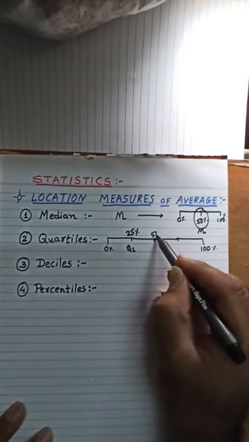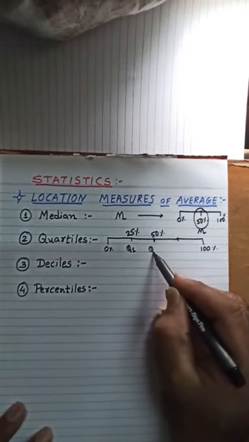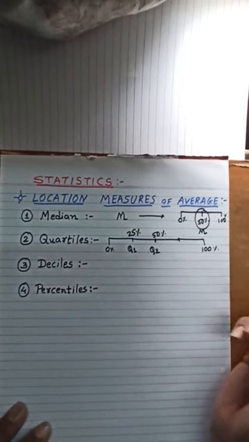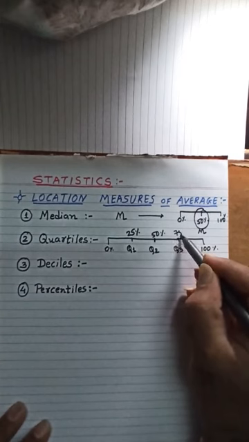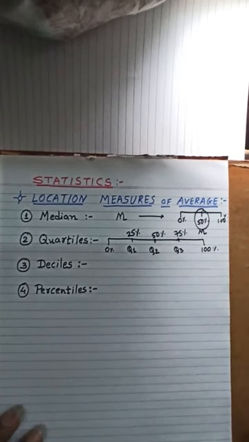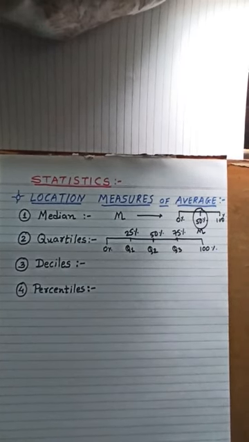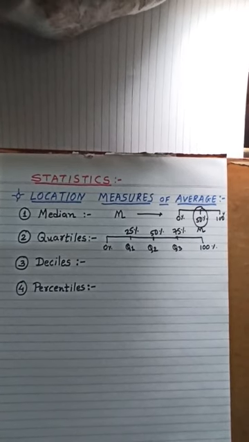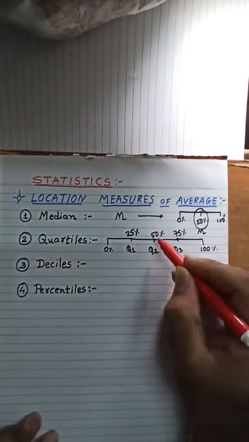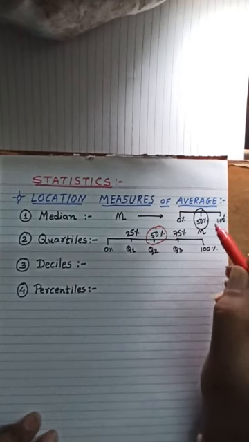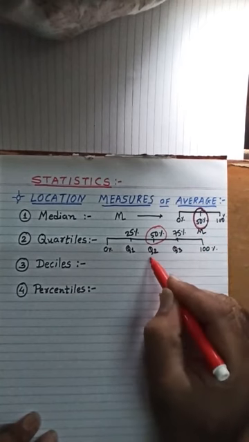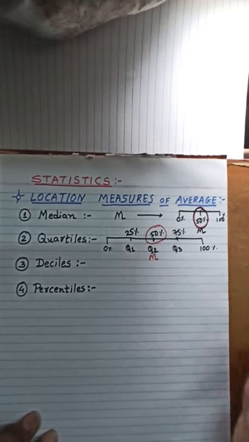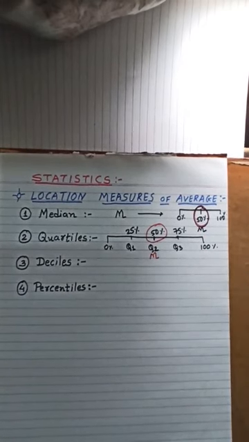At 50%, Q2, the second quartile, and Q3 will be located at 75%. Q2 will be at 50% and at 50% M will be there, so Q2 is also known as median.